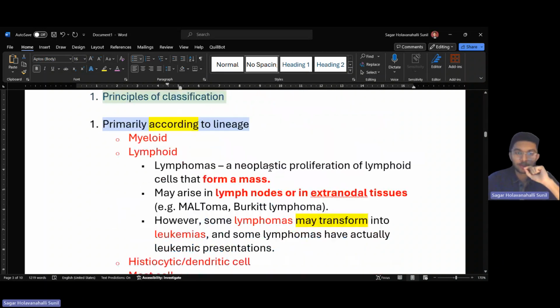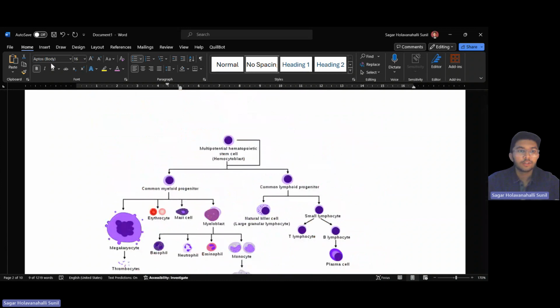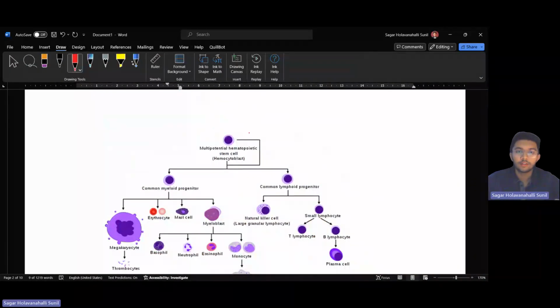Very important point to notice, if you look at this picture, if there is some dysregulation in this specific cell, you can be quite sure that all of these cells are going to be affected in some way or the other, right?